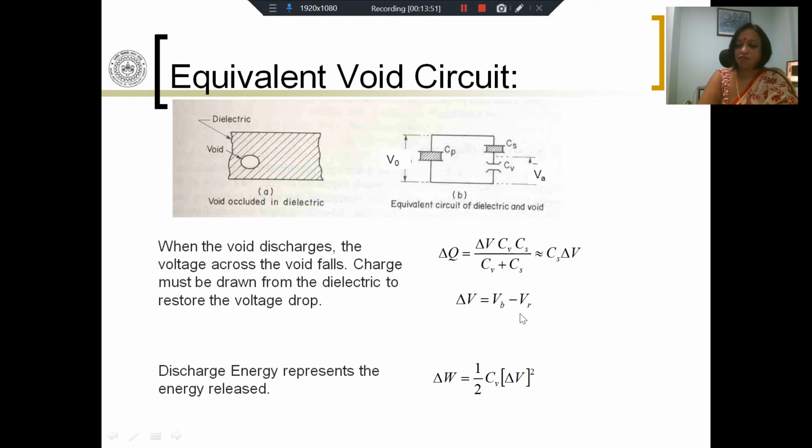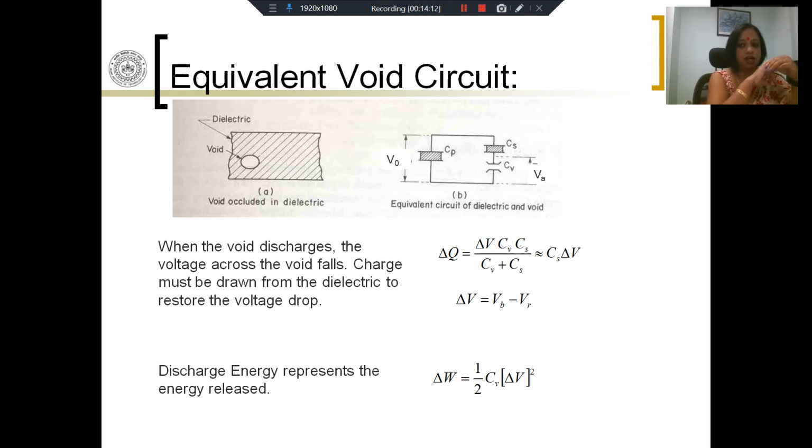The discharge therefore would have some energy. When charge delta Q is involved in the discharge, energy can be represented as delta W, which is equal to half CV delta V whole square, CV being the capacitance of the void. So this much energy is involved in the partial discharge.